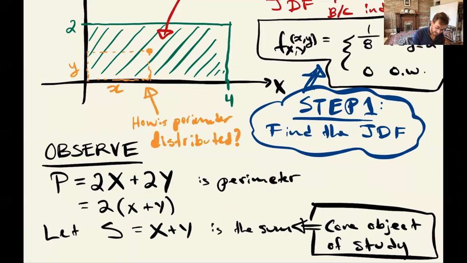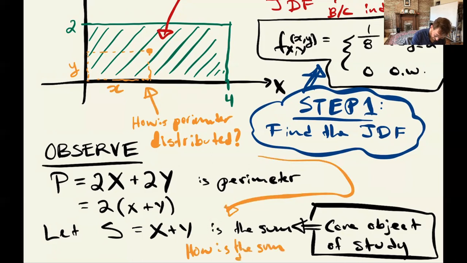And I'm circumventing that by instead considering how is the sum distributed. All right, so we've identified the JDF and we've broken down the problem by now considering the sum of these things. Let's go ahead and try to figure out what are the possible sums associated to this joint probability density function.